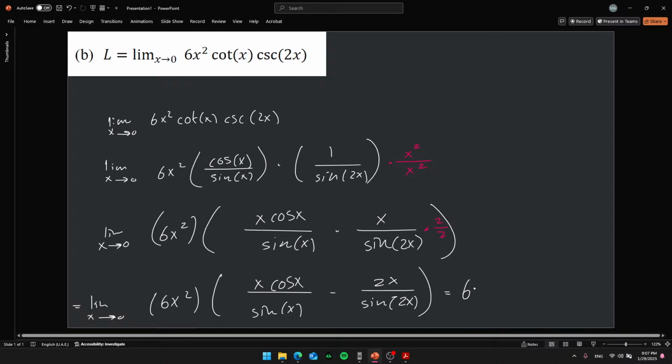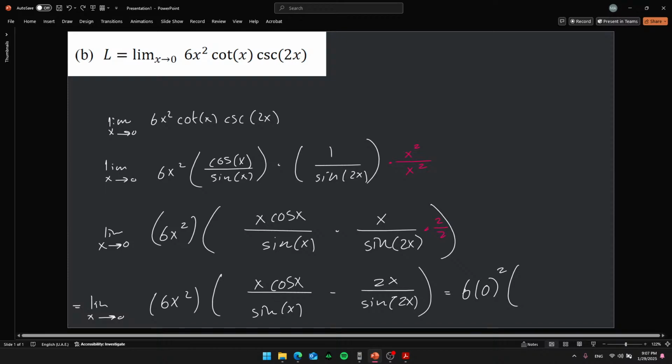So 6 times 0. I'm just substituting 0 because I don't have issues right now. 6 times 0 squared, I mean the answer would be 0 because this one is equal to 0 and it's multiplied by this, so it's equal to 0, but we'll just solve it.